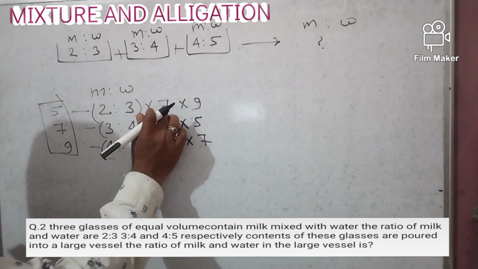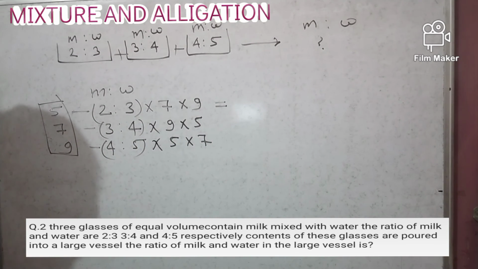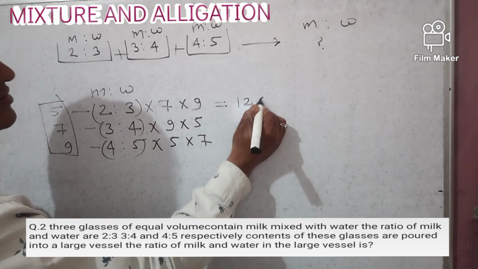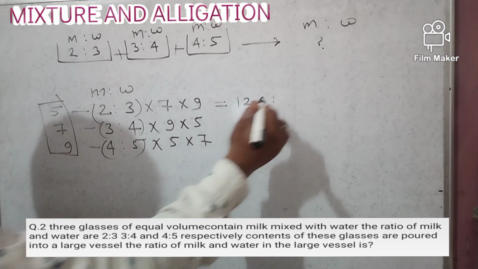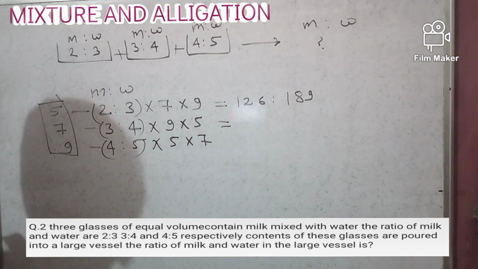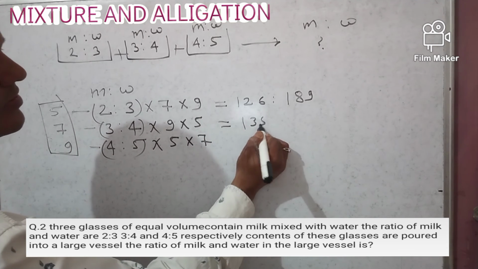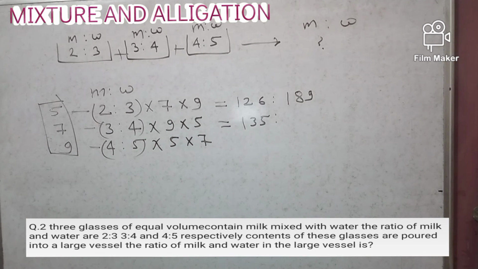Now see here, 7 times 9 is 63, and 63 times 2 is 126, right? And 63 times 3 is 189. Now 9 times 5 is 45, 45 times 3 is 135. Ratio: 9 times 5 is 45, 45 times 4 is 180.